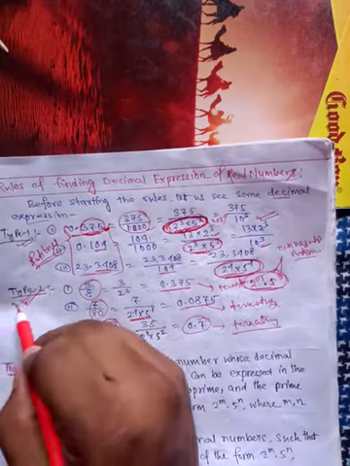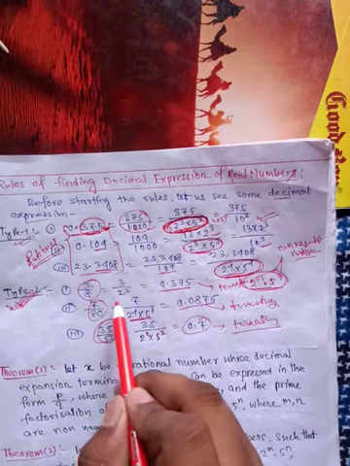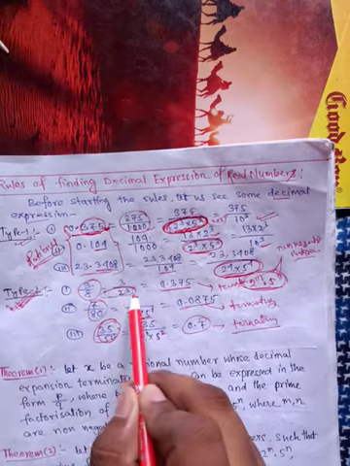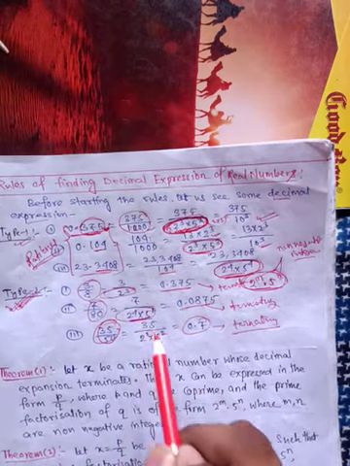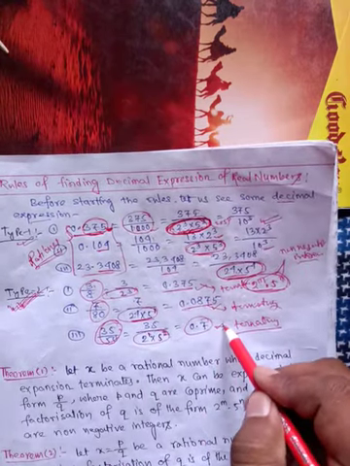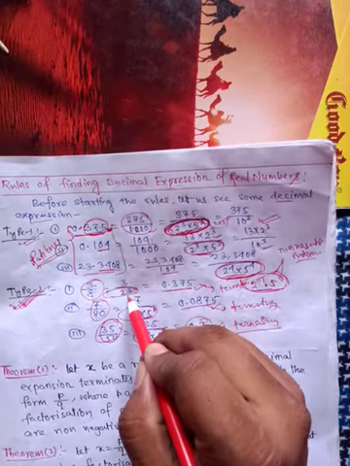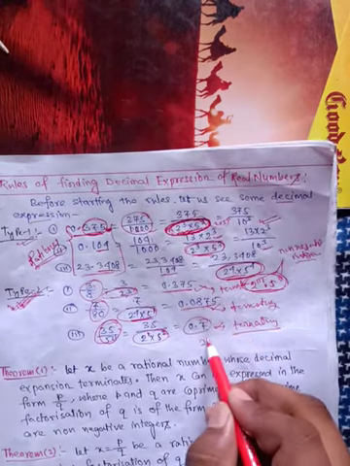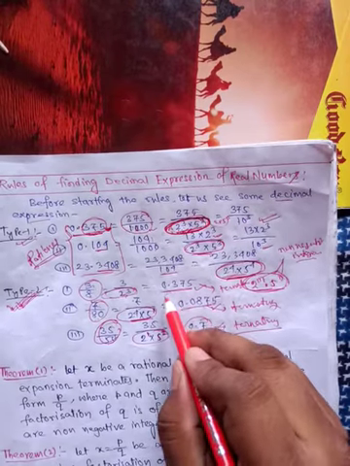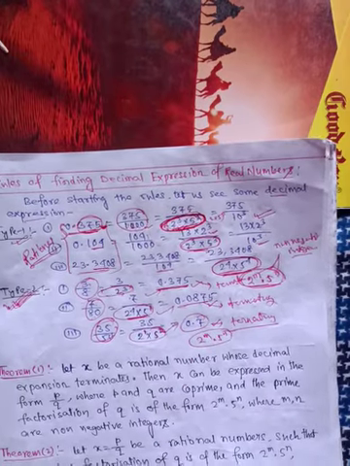And we can see that if any rational number's denominator has a prime factorization containing only 2 to the power m into 5 to the power n, then the decimal expression is terminating. So if the prime factorization of the denominator is of the form 2 to the power m into 5 to the power n, then the decimal representation is always terminating.